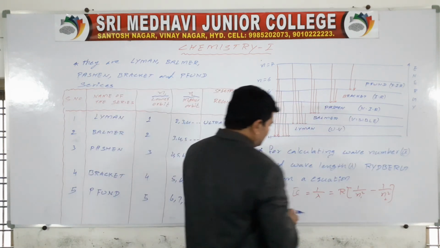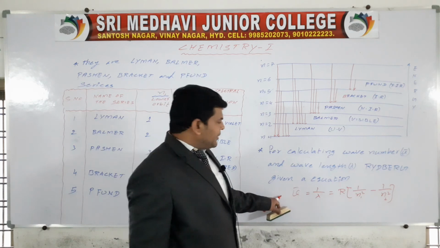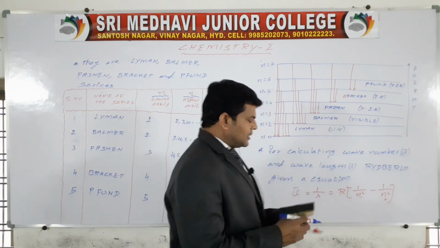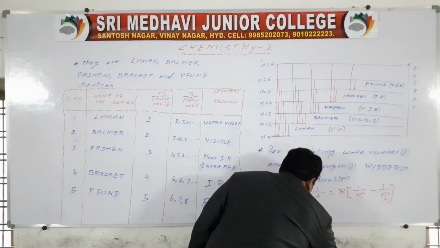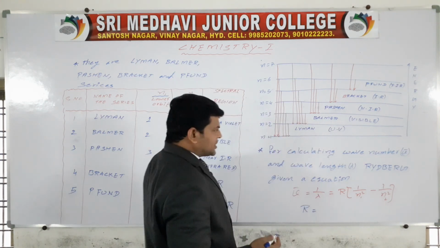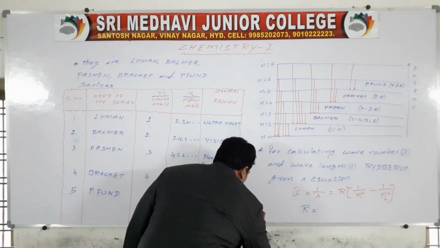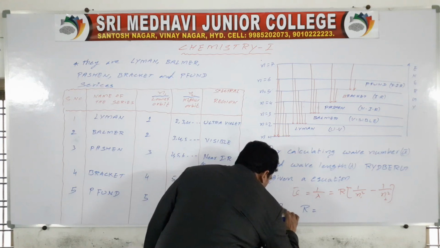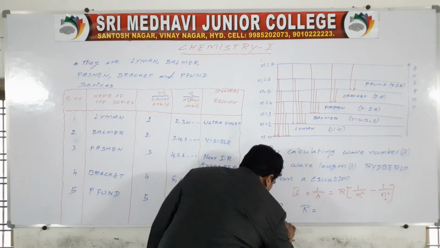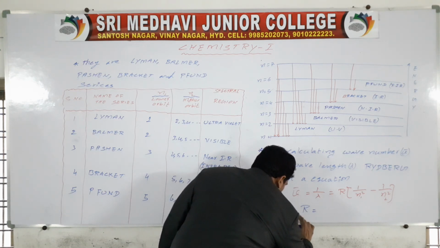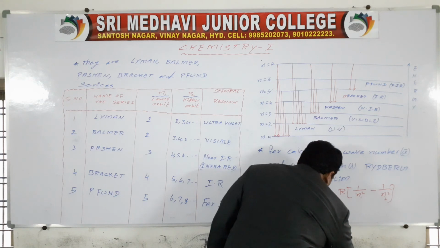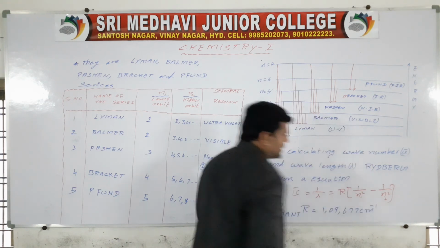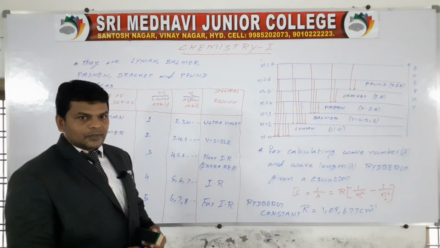Here nu bar is wave number, lambda is wavelength, R is the Rydberg constant, that is 1,09,677 centimeter minus 1.